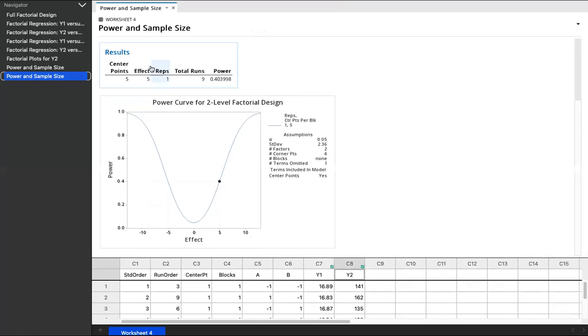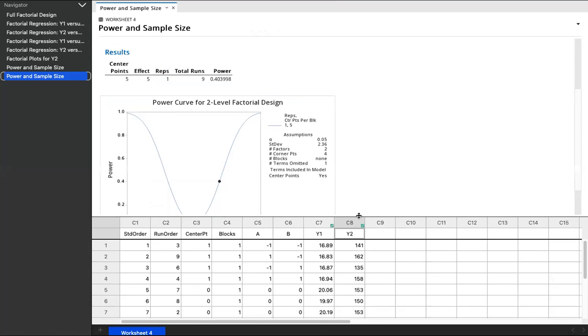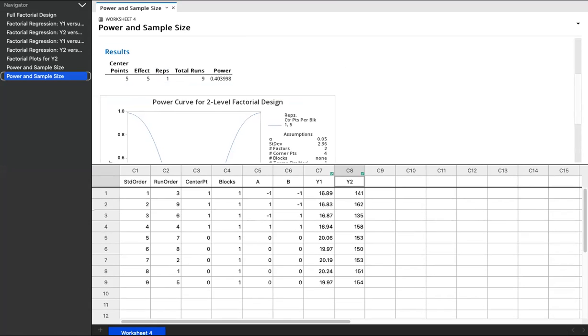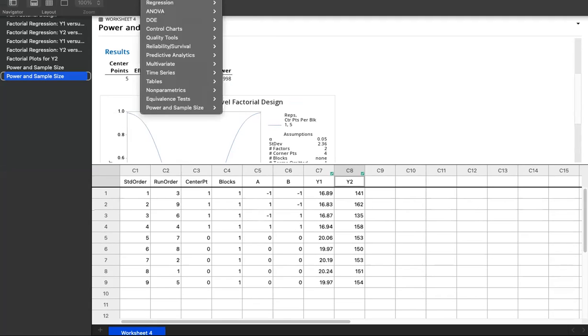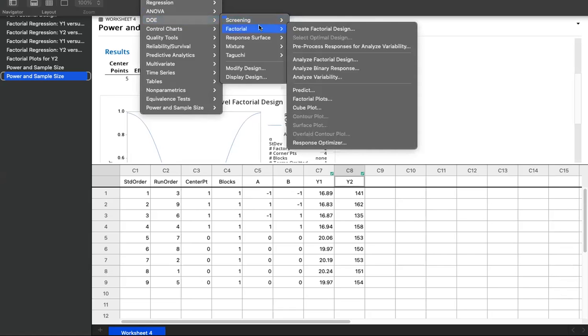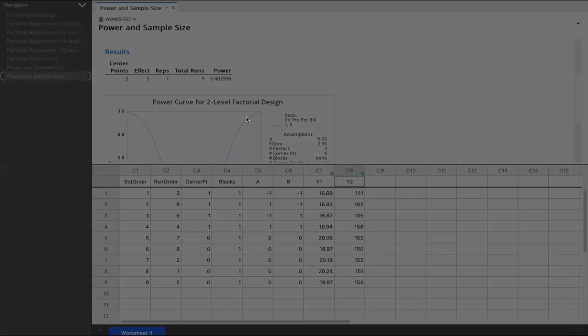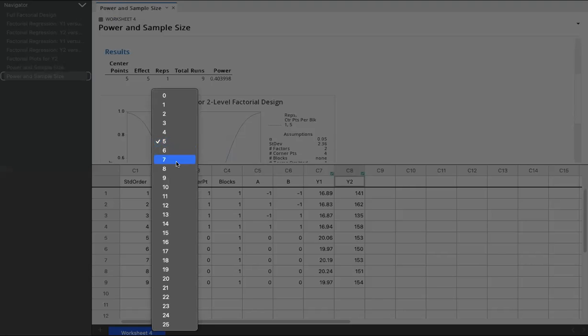And now we need to update our data in the table. So we are going to do another factorial design for table 2 on the experiment, or the data that we have.